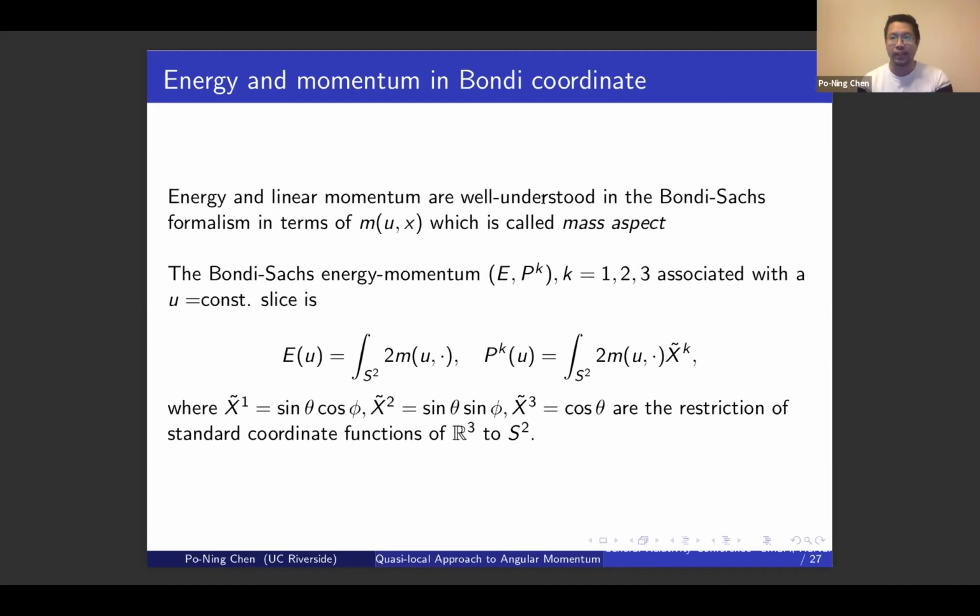Up to some normalizing constant, the energy is the integral of M, and the linear momentum is the integral of M against the coordinate functions x1, x2, x3. So the standard coordinate functions of S² in R³.